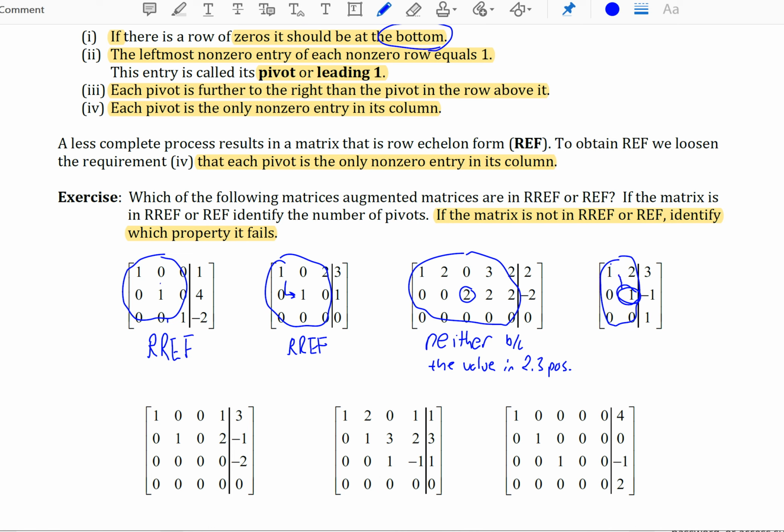The only thing in that column has to be zeros other than that pivot. That 2 is the issue. If this is a pivot, you're supposed to have only zeros other than that pivot in that column. So I'm going to say also neither. Because of the value in the first row, second column, so in the 1, 2 position. That 2 would have to be a 0.